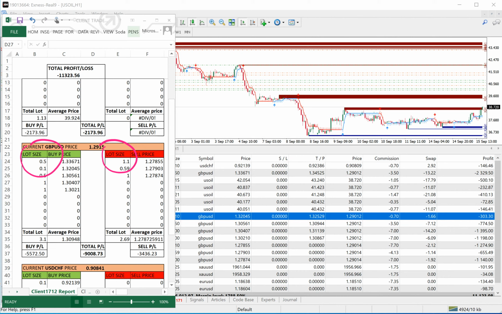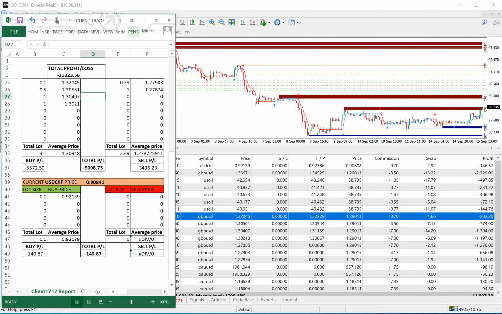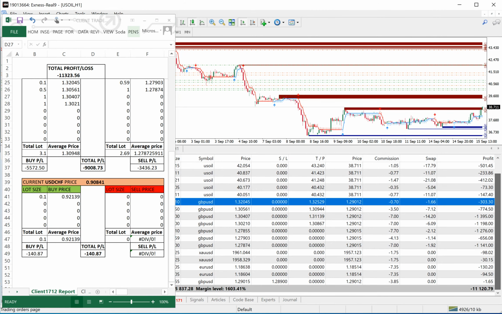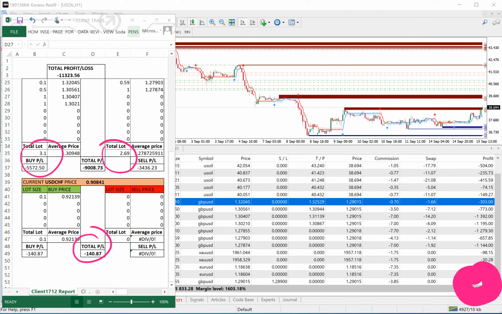The buy side and sell side loss is currently $9,000. And one position is USDCHF, where he only traded 0.1 lot size. So we will show you live, step by step on the chart, how we can cover his total $11,000 loss.